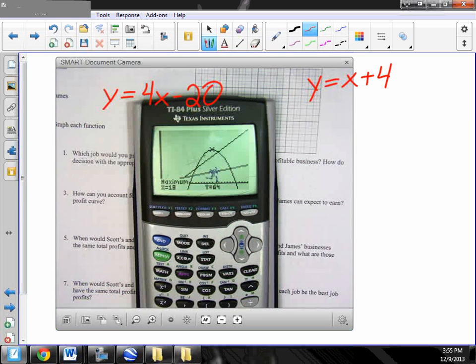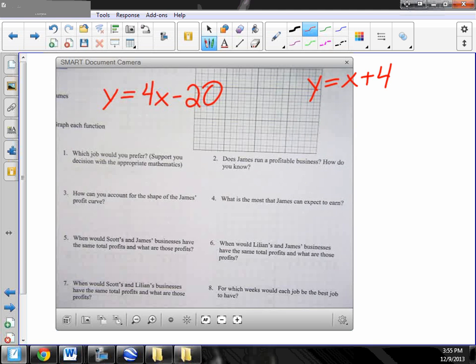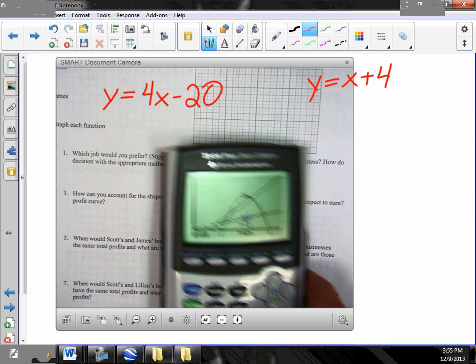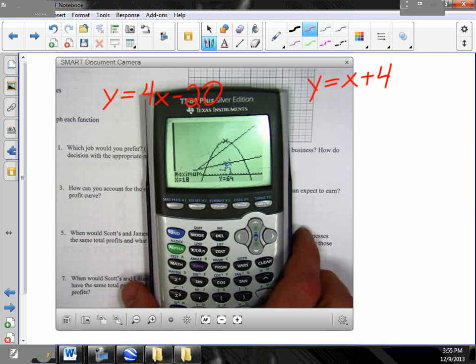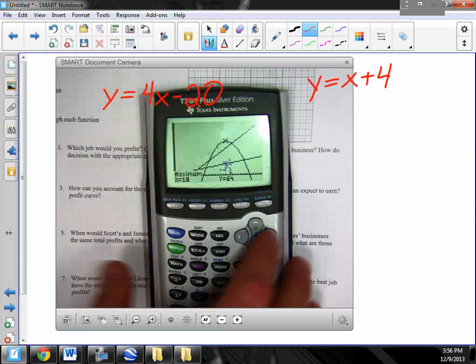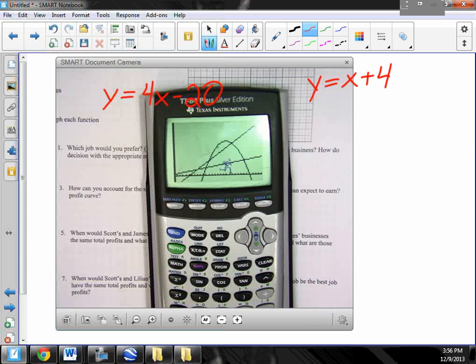Okay, for number 5, when would Scott's and James's businesses have the same total profits, and what are those profits? So it wants to know, hold on a second, wants to know when does Scott's graph intersect James's graph? And there are 2 points.